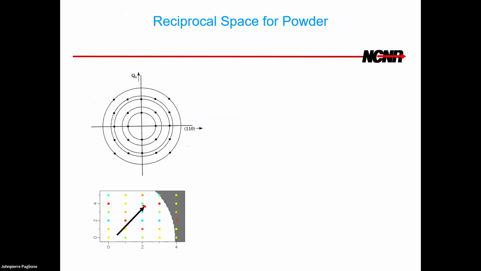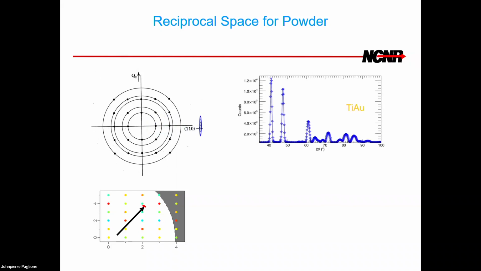Okay, so reciprocal space. Here's a reciprocal space, and you say, well, what does the powder look like? Well, you twirl it in both dimensions, so you actually create spheres of scattering that are Bragg peaks. And so this is just a cut through that, and then you put your resolution inside and scan it through, and you get a diffraction pattern.